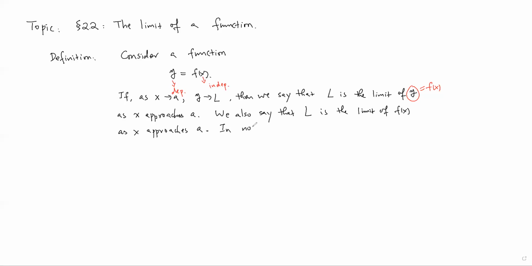In notation, we write L equals the limit of the dependent variable y as x approaches A. This is the notation.